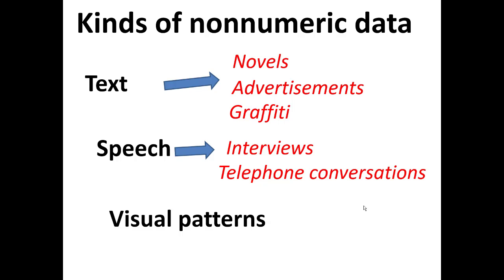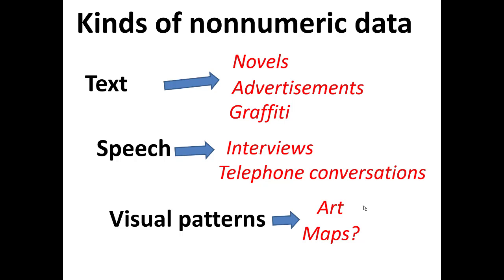And then the third kind of non-numeric data are visual patterns. So various kinds of art, whether it be a painting or a sculpture or a mandala made out of sand. Maps actually have visual patterns as well, and maps are amenable to content analysis.